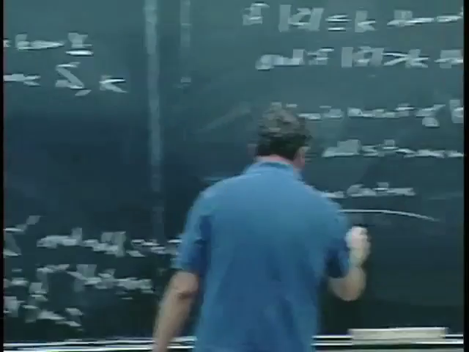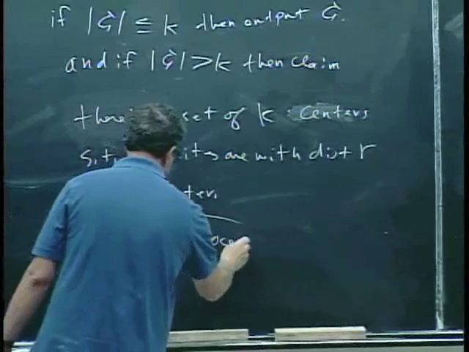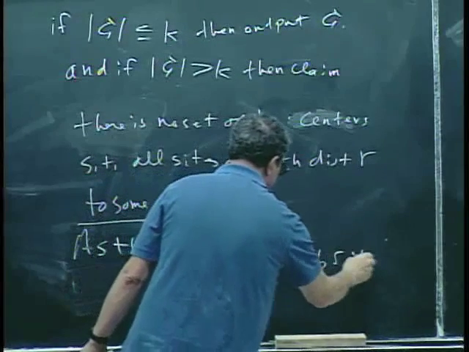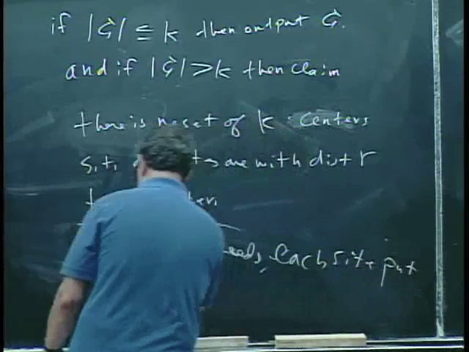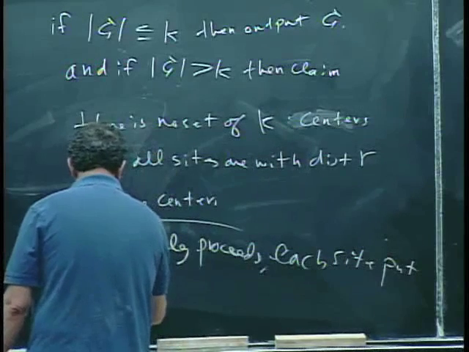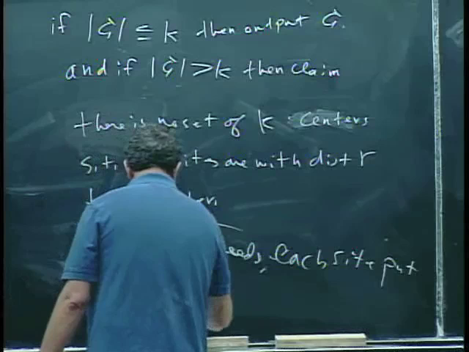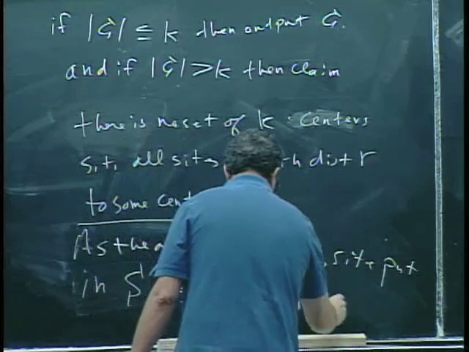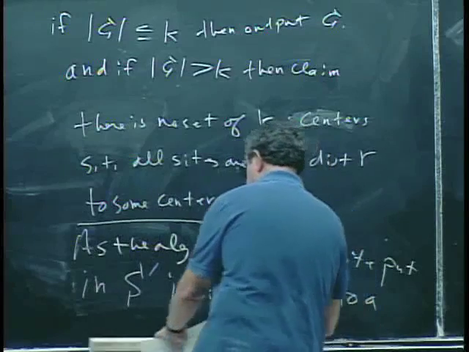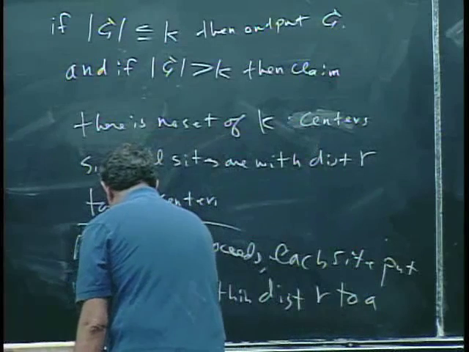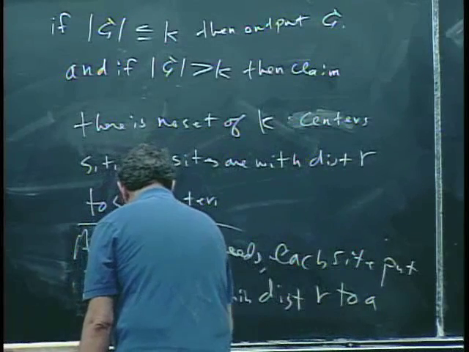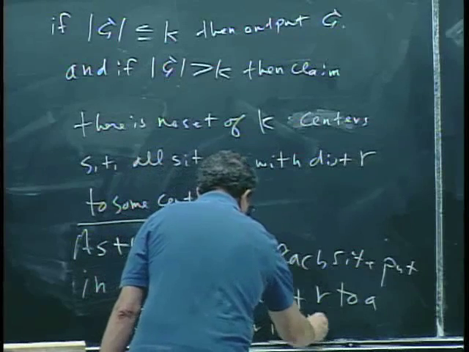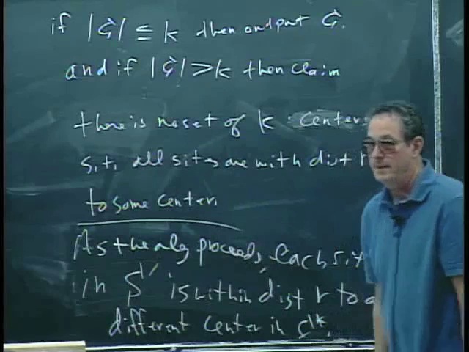As the algorithm proceeds, each site put in S prime is within distance r to a different center in the optimal. Okay?